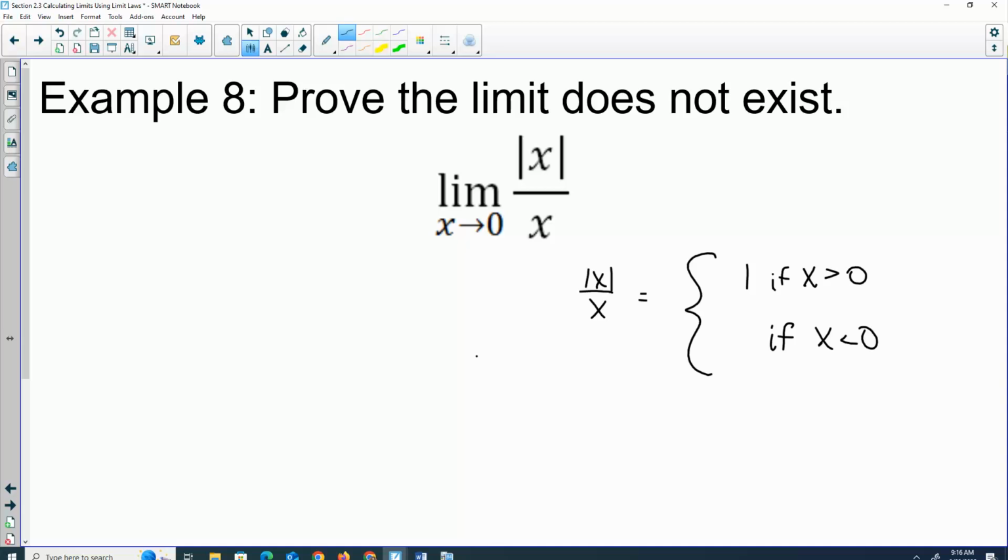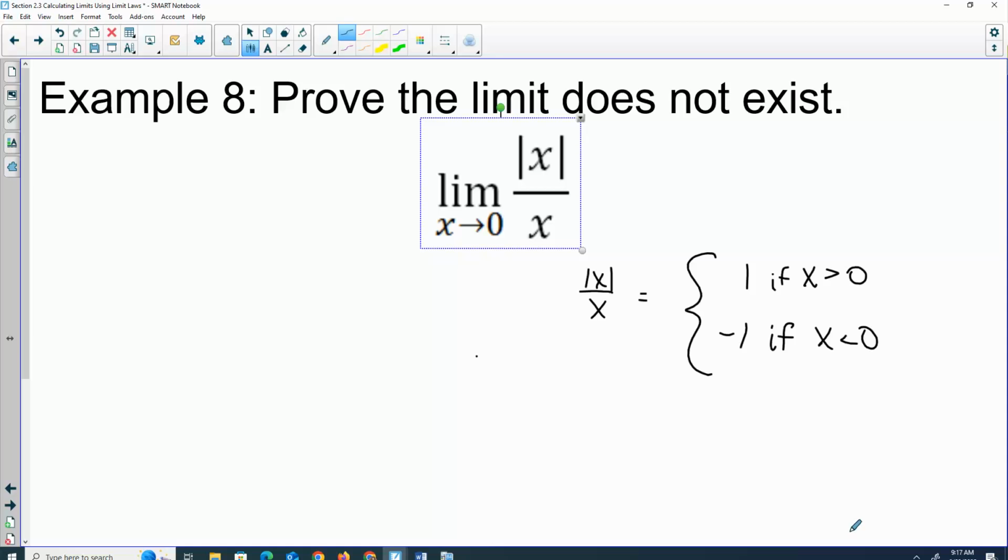Then when you divide by x, what do you get? Negative 1. Okay, if you're not sure, test out a number. If I put in 5, 5 divided by 5 is 1. If I put in negative 5, you would get 5 divided by negative 5, which is negative 1.